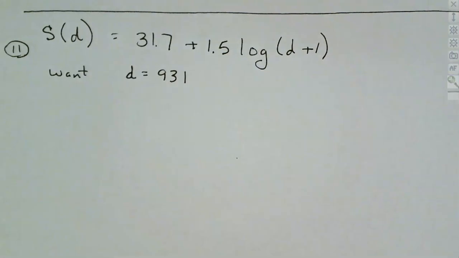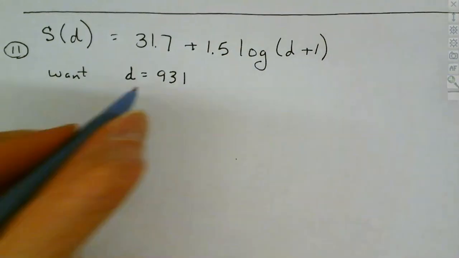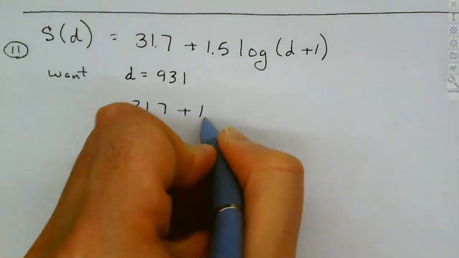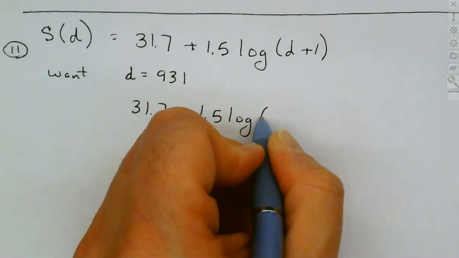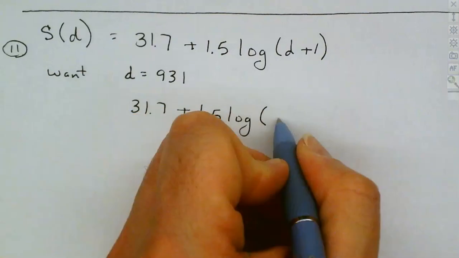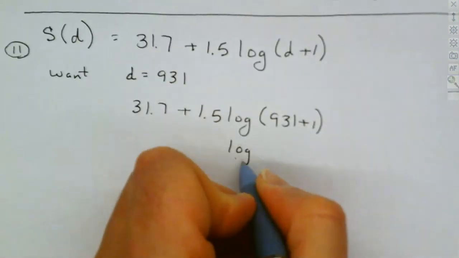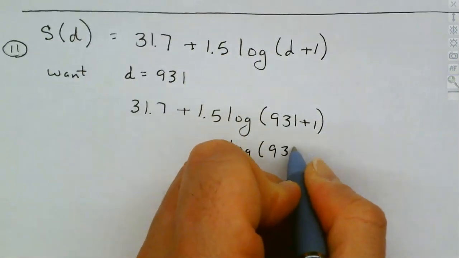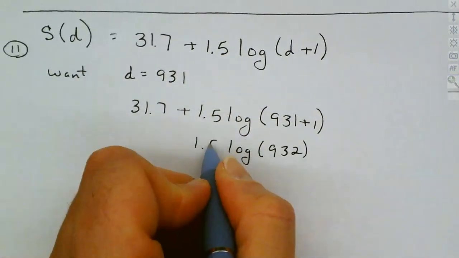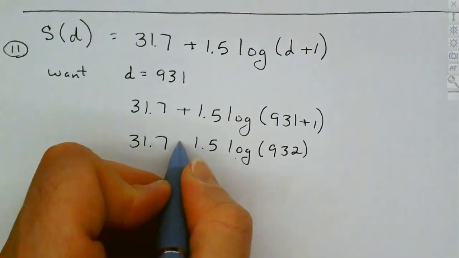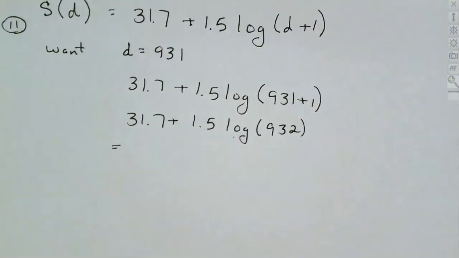That's going to require us to use our logarithm. So let's see what we have. We've got 31.7 plus 1.5 log of 931 plus 1. So that's the log then of 932. Okay, we're going to add those together. And let's use our calculator here.